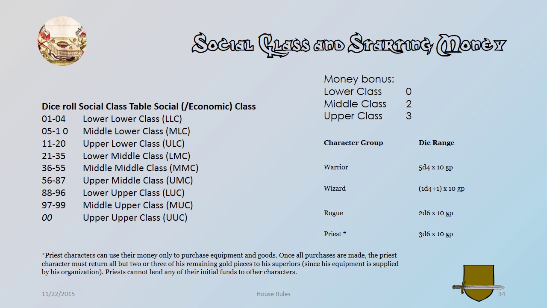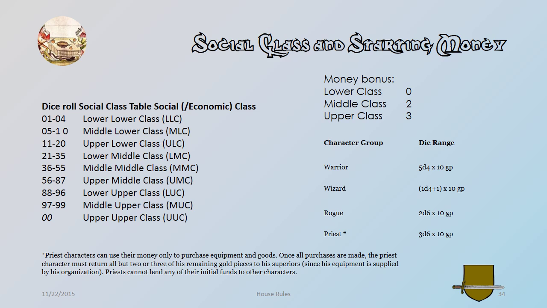So the upper class would be the emperors and the kings and the high nobles, those folks. I mean, they're going to get a different type of treatment than the lower class, who are basically a serf or a slave. And you can see over here, the money bonus is a multiplier.